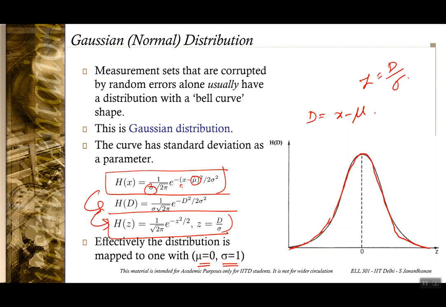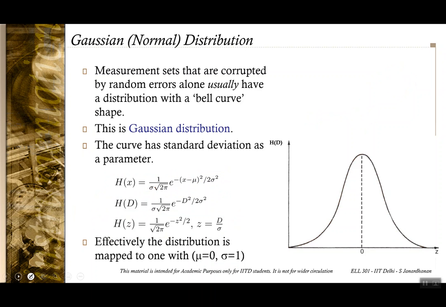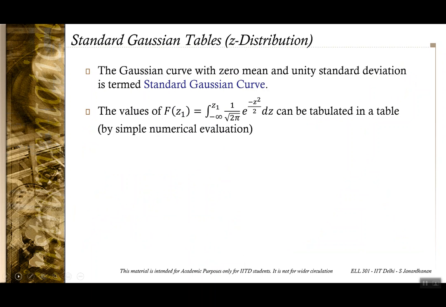Any analysis on that can now be scaled and shifted to any arbitrary Gaussian distribution with a mean mu and a standard deviation sigma by backtracking appropriately. And this sort of Gaussian distribution with zero mean and unity standard deviation is called the standard Gaussian curve.